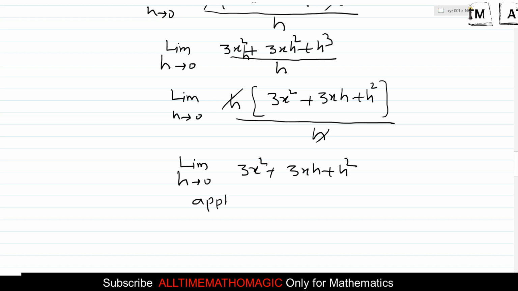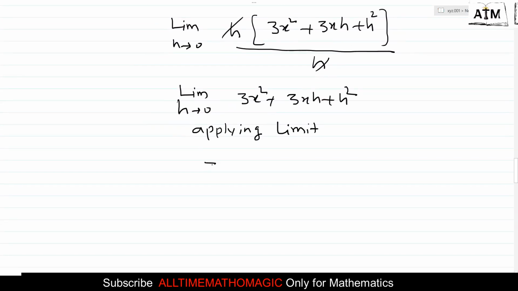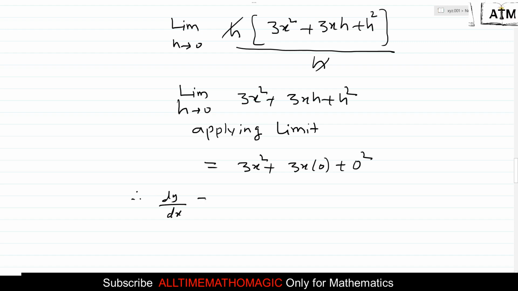Putting the value of h equals 0 in this expression is called applying limit. So wherever the h is there, put 0, that equals 3x square plus 3x into 0 plus 0 square. Therefore dy by dx equals 3x square.